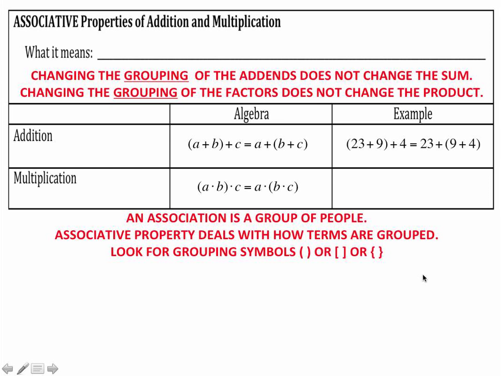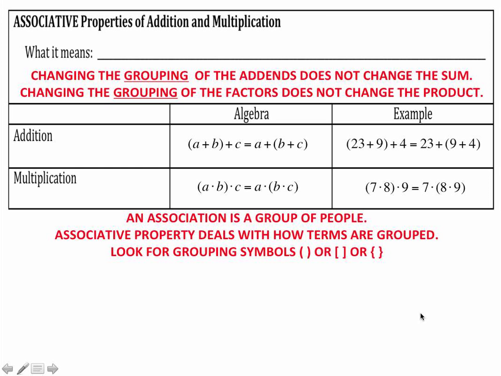It also works with multiplication. A times B times C is the same as A times B times C, grouped differently. So with some numbers, 7 times 8 times 9, I'd have 56 times 9. Over here I would have 72 times 7, and I would get the same answer for both.